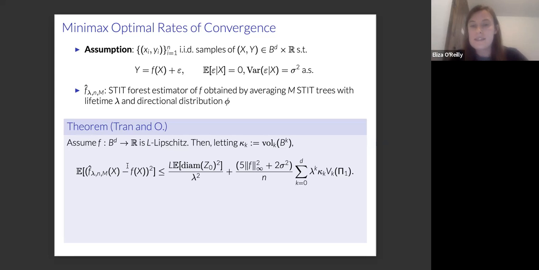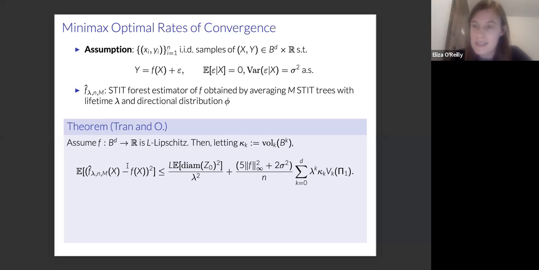And then the variance can be controlled, as I said before, by the expected number of cells in the partition that's generated by a STIT random tree. Using that formula, which is a simplified version of the formula I showed a few slides ago, the simplification comes from the fact that we're now just assuming the window is a unit ball.